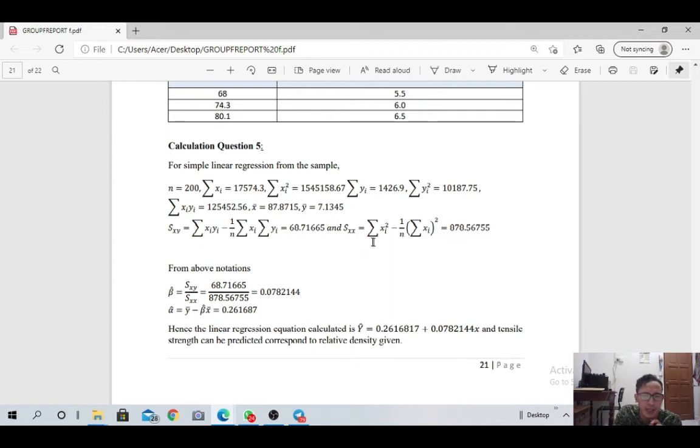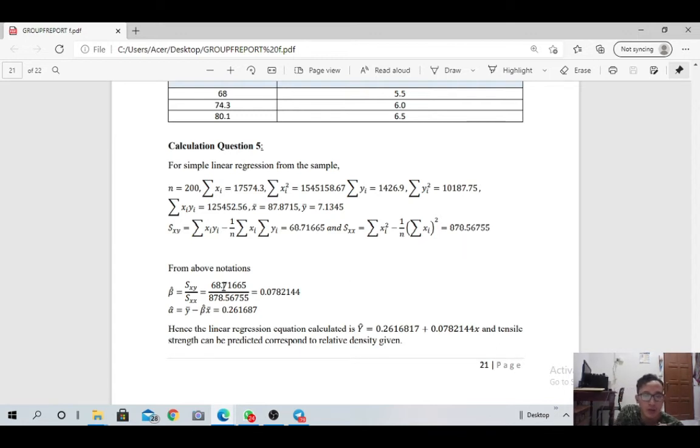And for the SXX is summation of x square minus 1 over n times summation xi in bracket power of 2, which I get 878.56755.